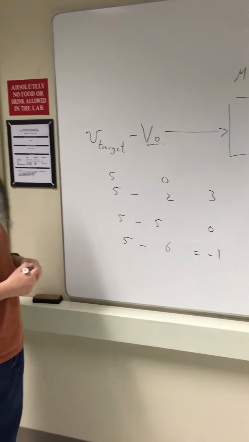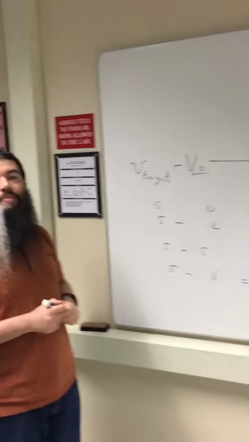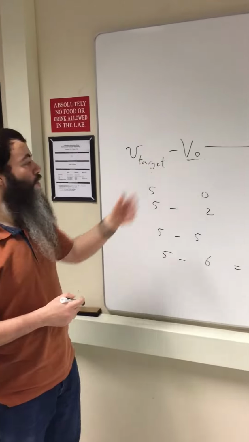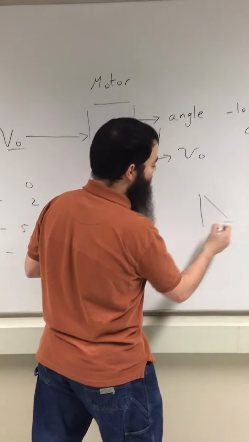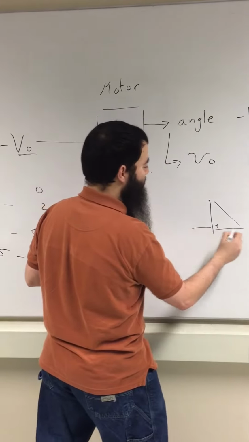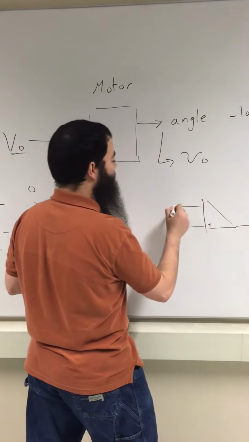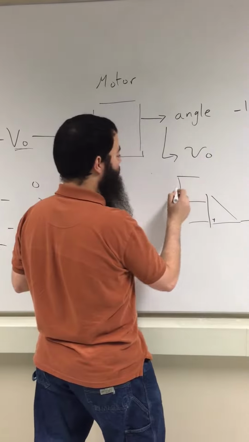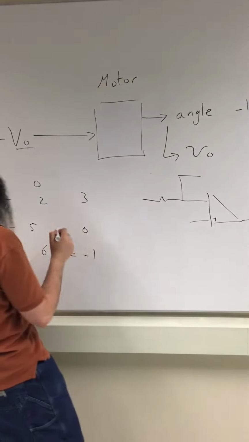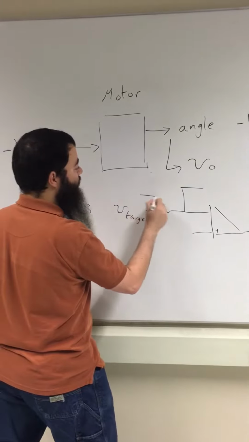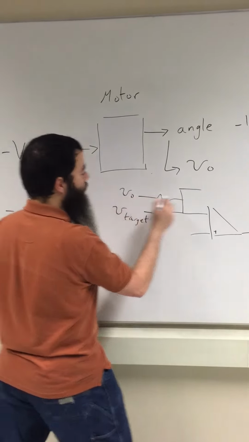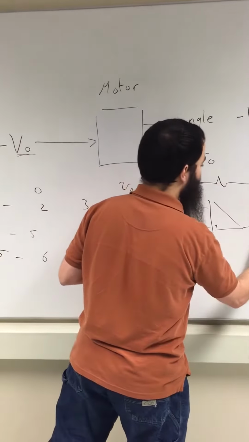It's a very simple circuit. You know from electronics a summing amplifier, right? So we can have a summing amplifier with negative feedback, something like this. This is the output. We have one resistance here with V target, another resistance with V naught, and this is the feedback resistance.